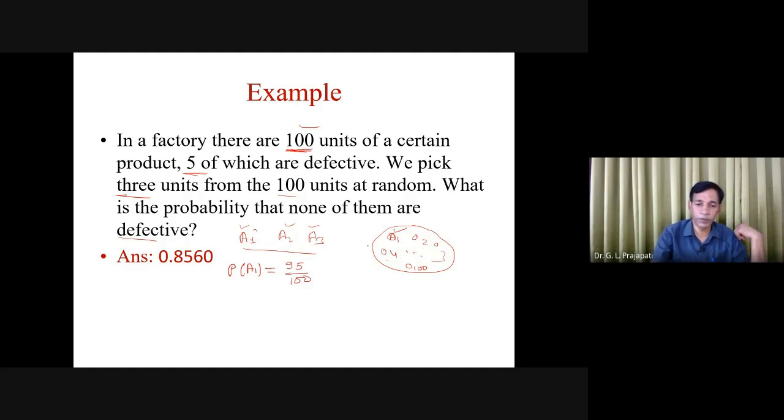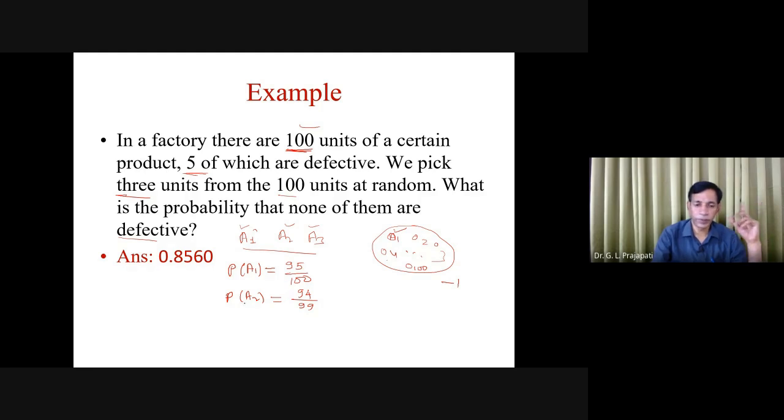Why is it conditional? Because you have picked up one. Now you are going to pick up the second. Once you pick up A2, what is the probability that this is not defective? You have picked up one, so the total number of units becomes 99, and the units which are not defective are now 94, because one you have already picked up.